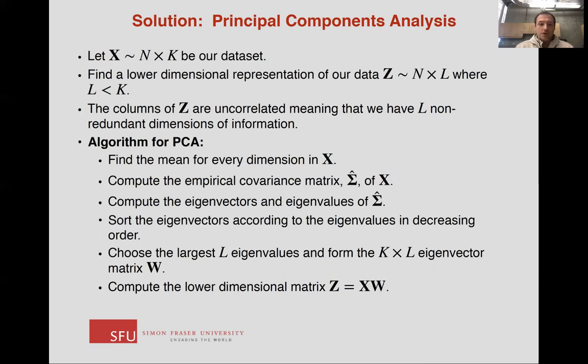And then we'll choose the largest L eigenvalues and form a K by L eigenvector matrix, and this we'll call W. And then finally, we can compute this lower dimensional matrix Z, and that's going to be X times W. And so you see that X is n by K, W is K by L, and so Z will be n by L.